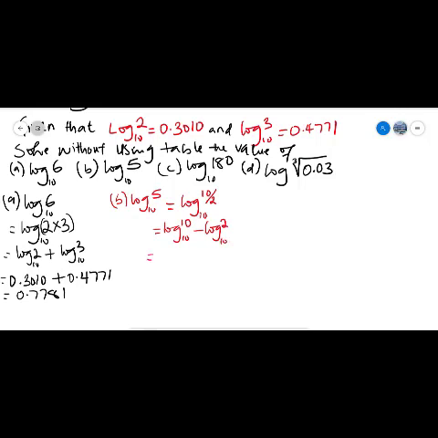And of course, the log of any number to its base is 1. This is 1 minus, I've already been given log 2, which is 0.3010. So 1 minus 0.3010 would give me 0.6990.